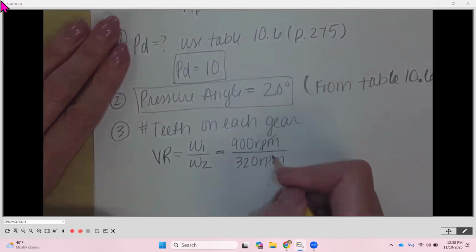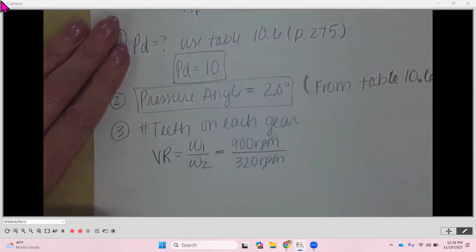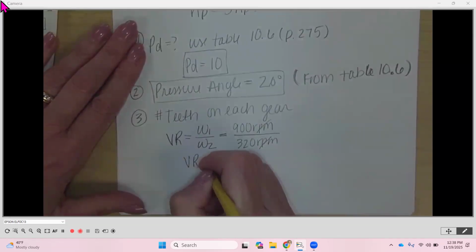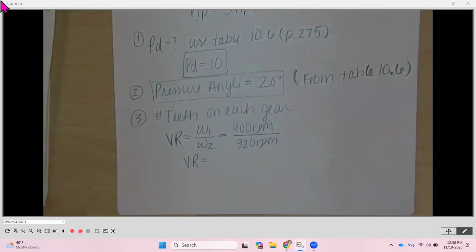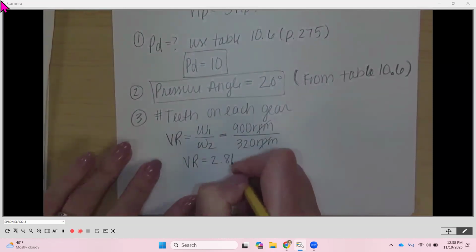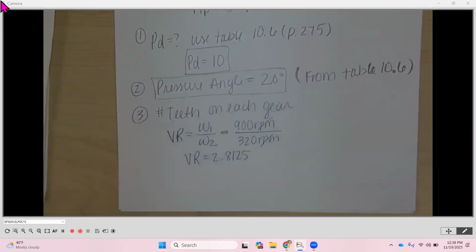Putting your units in here, notice that they cancel top to bottom. Our velocity ratio is always going to be a number that is unitless, always. So our velocity ratio here is what? 2.8125, and no units here.